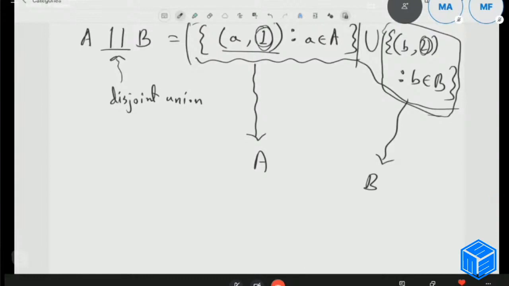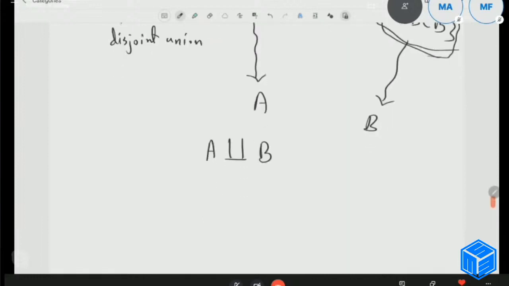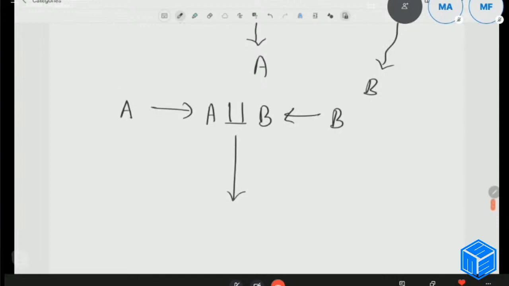An interesting thing is you can prove that, just like the product, if you have maps going out of this guy, you have two unique maps going out from A and B. It's like take the product picture and flip all the arrows around, and you have a similar property for this guy.